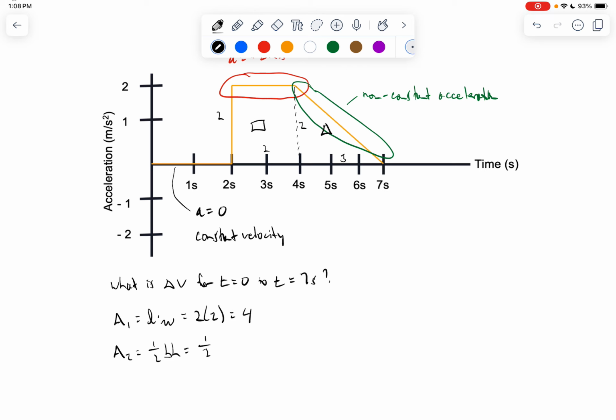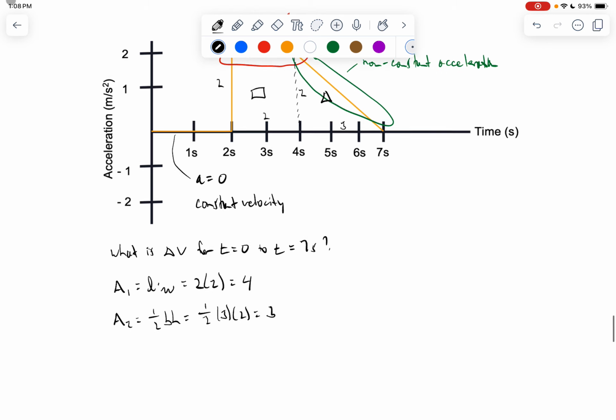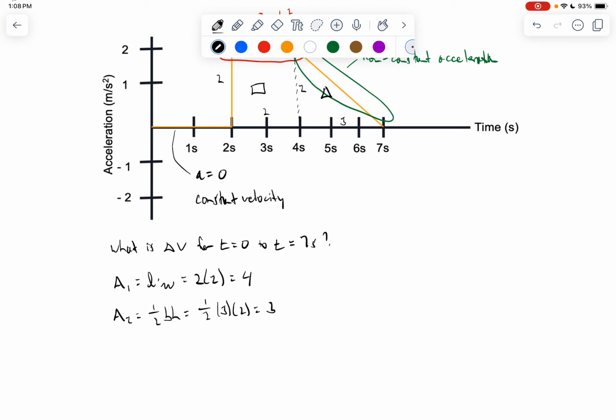So 1/2 times 3 times our height of 2 gives us an overall area of 3. So in total, we can say that our velocity is going to change by a positive 7 meters per second over that 7 second time interval. We get that by just adding the area of the rectangle to the area of the triangle.